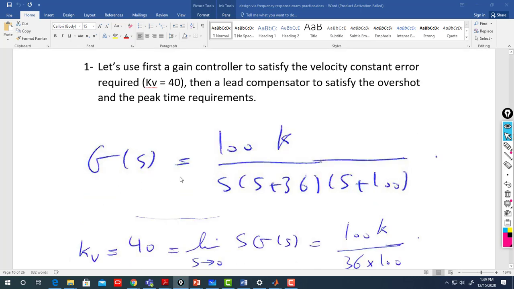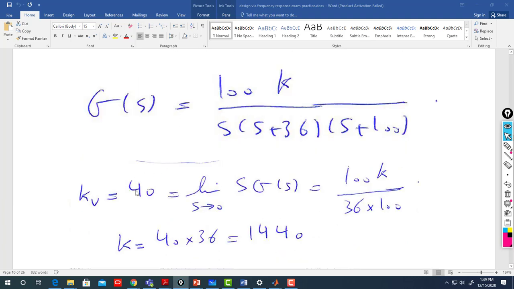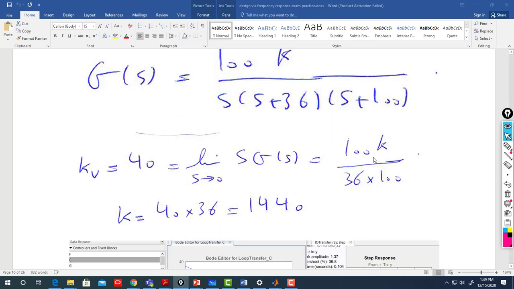So G of s equals my transfer function, which we know. Then for kV known, can I find k? This gain k will lead me to a steady state error of 1 over 40. kV equals 40, the limit when s tends to 0 of s times G of s, the open loop, which is this one. Then I can find k, because it's the only unknown, and k equals 1440.